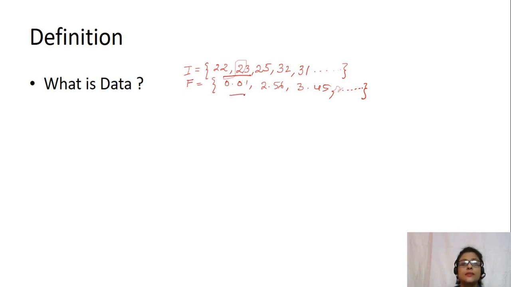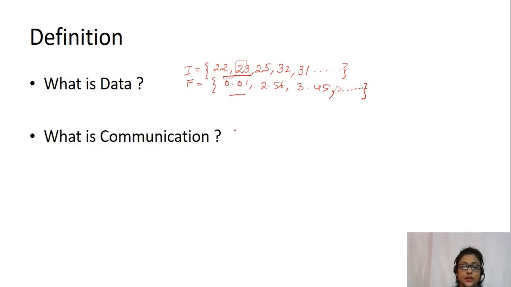Similarly, looking at the other data set, we cannot understand what it means. So when data is presented before us, it shows us no meaning at all. It is only when we process the data and give a meaning to it that it becomes information. So there is a basic difference between data and information.